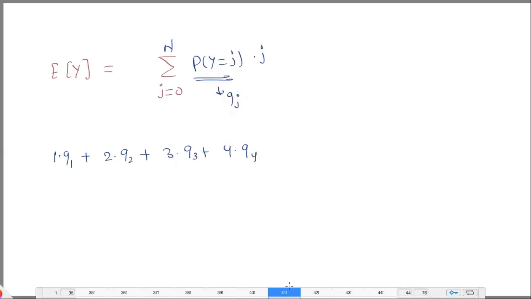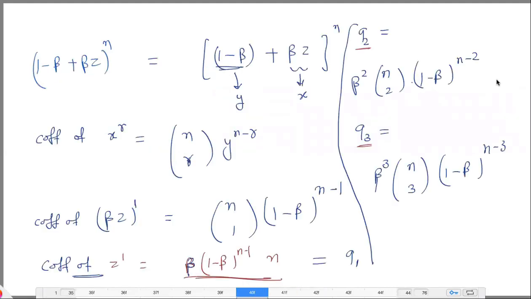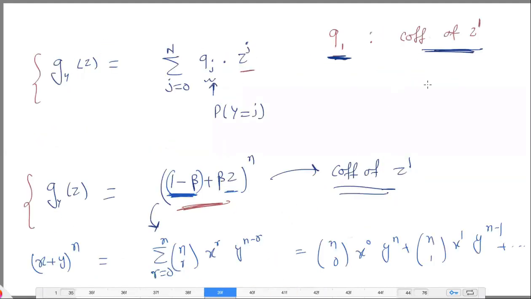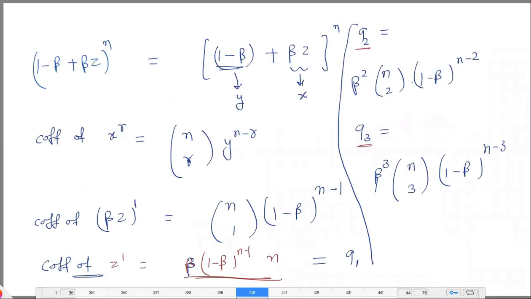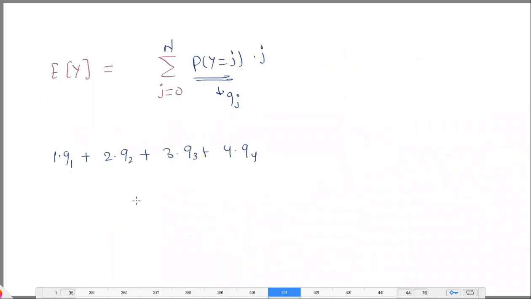So what is q1? Q1 is the coefficient of z power 1, which was coming out to be beta into (1 minus beta) power n minus 1 into n. So 1 into beta into (1 minus beta) power n minus 1 into n.